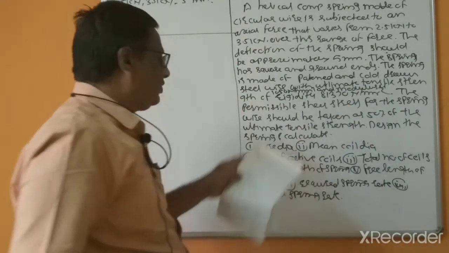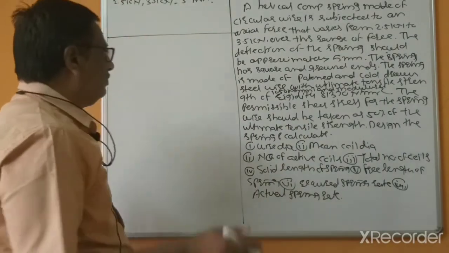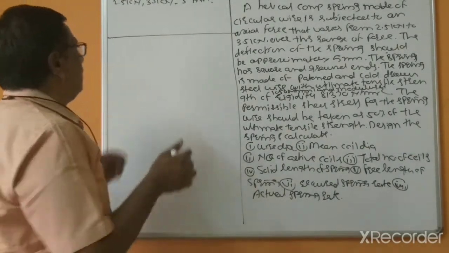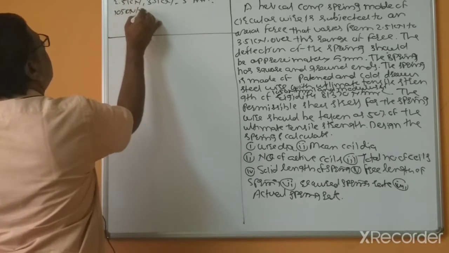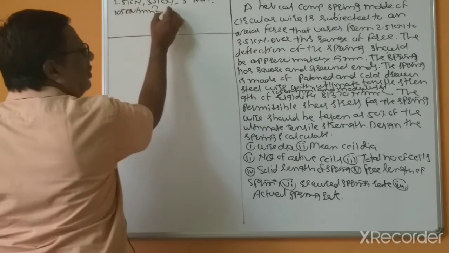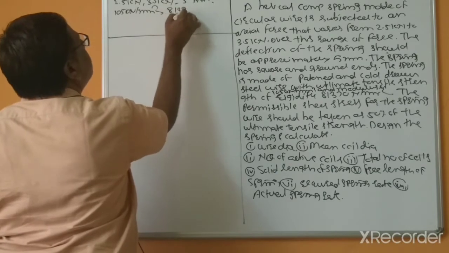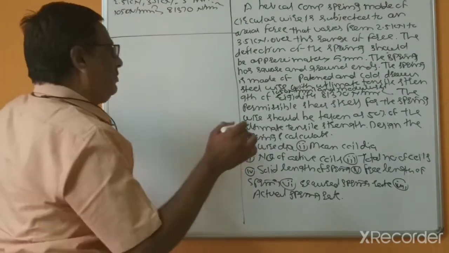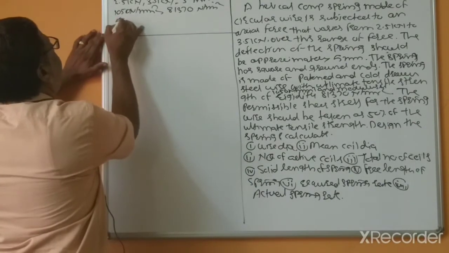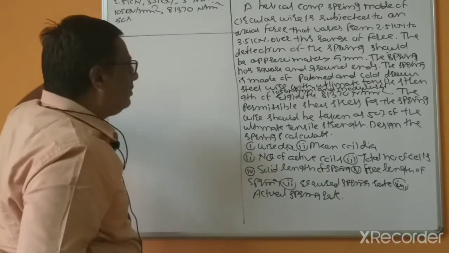So add this because this is also important. 1050 Newton per mm squares, modulus of rigidity 81370 Newton per mm squares, 50% of the ultimate strength.